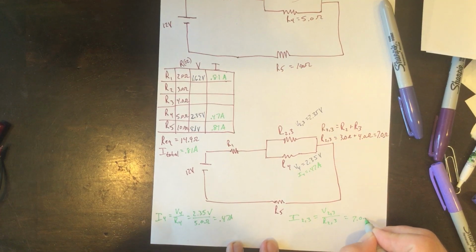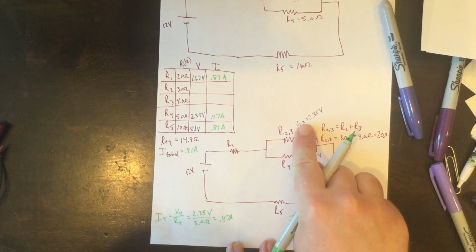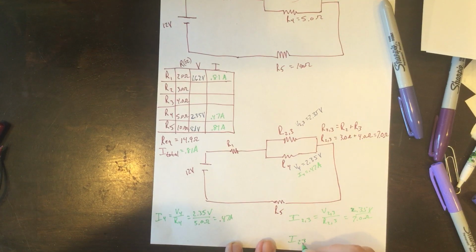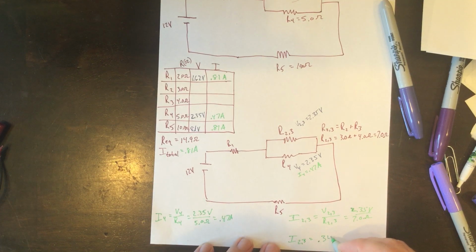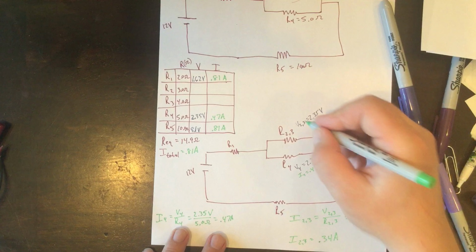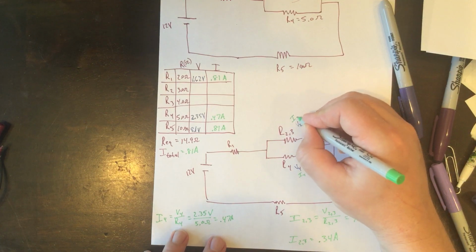So we know it's 7 ohms, and our other one is 2.35 volts, 2.35 volts, 7 ohms. I23 is going to be 0.34 amps. It's about a third, and that looks right looking at this. So I'm going to write it up here.